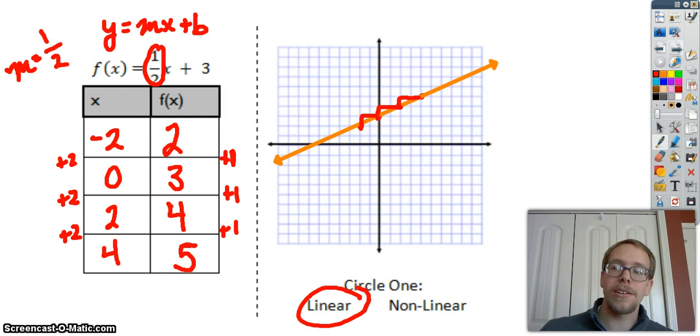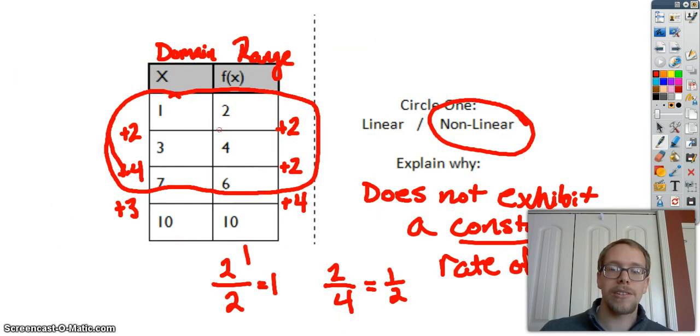But here, I calculated my slope using two different pairs of ordered pairs, and I got one slope to be positive 1, and then my slope between two of the other ordered pairs was 1/2. This table does not exhibit a constant rate of change, and therefore this is a nonlinear function.